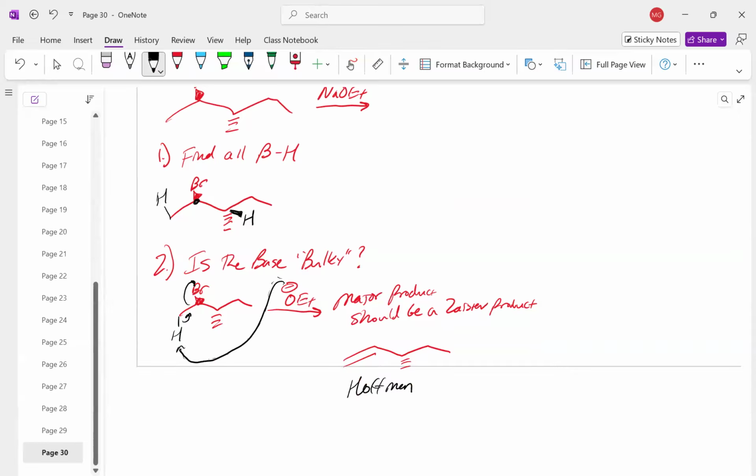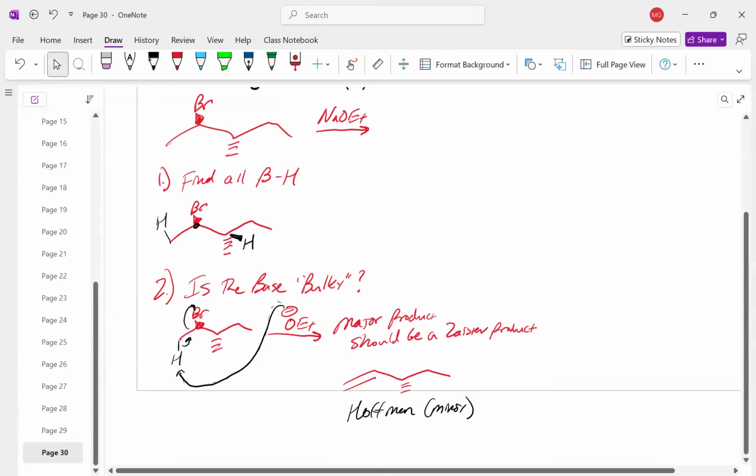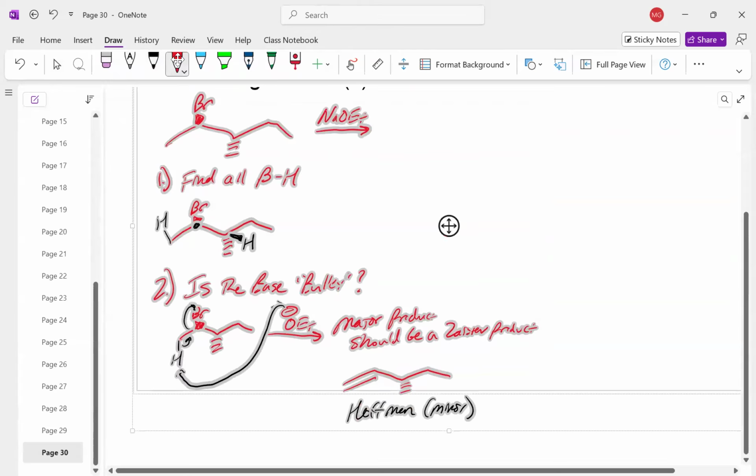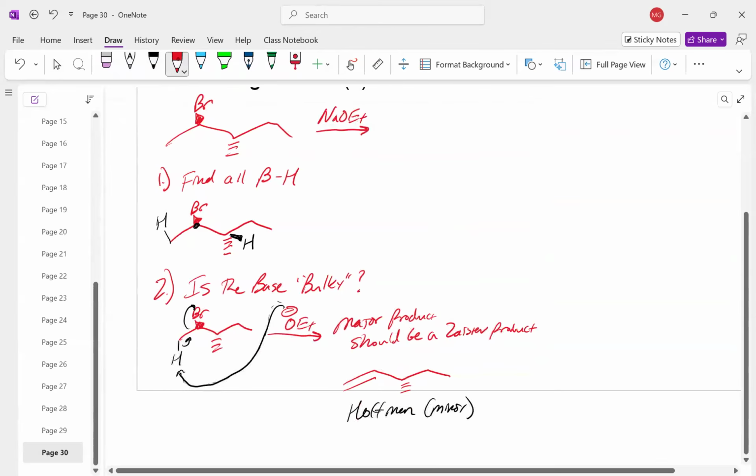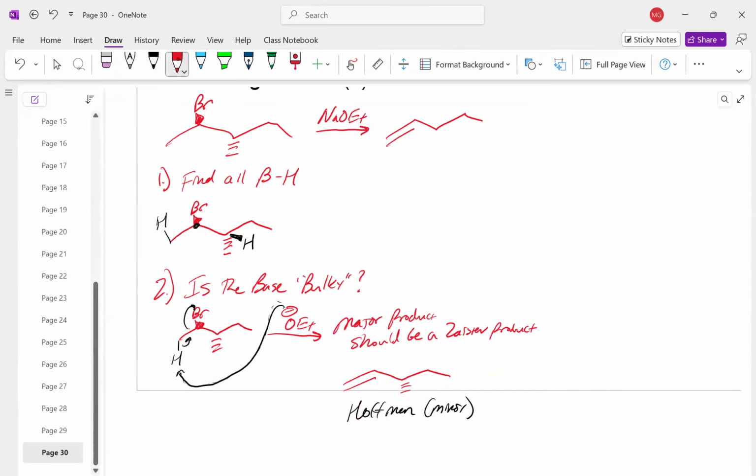And we get the Hofmann product, which would be the minor one. So let's draw that up here because we've discovered one of our products, albeit the minor one. So this is our minor product.